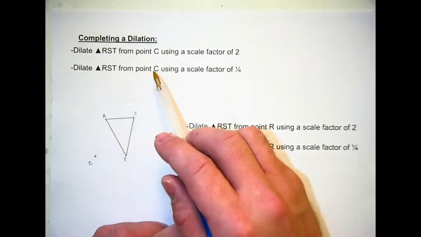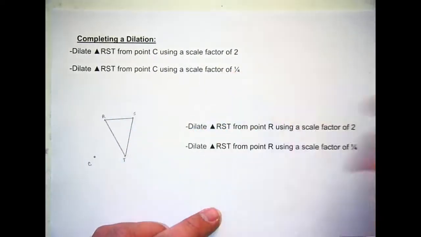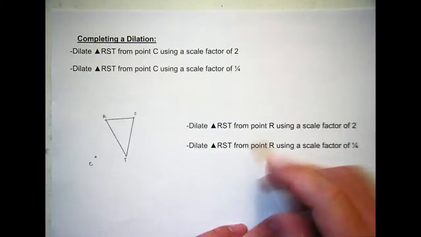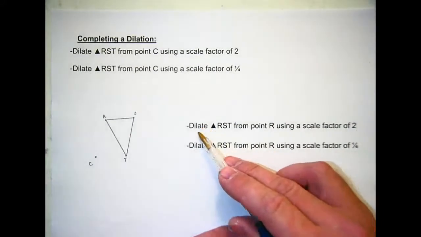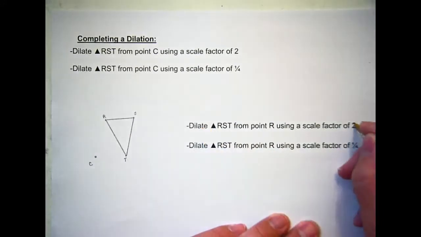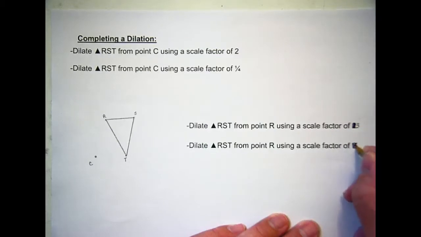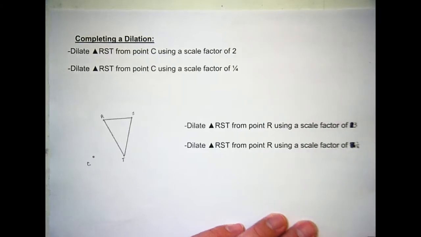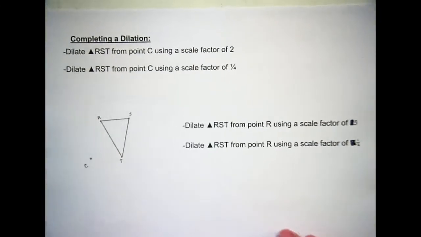Then we're going to dilate it from point C using a scale factor of 1/4. We're actually going to change this one over here. I don't want to use the same scale factor, so let's make this a 3. I'm pretty sure that'll fit, and we'll make this one 1/2. Sorry, I know that's kind of small to see there.